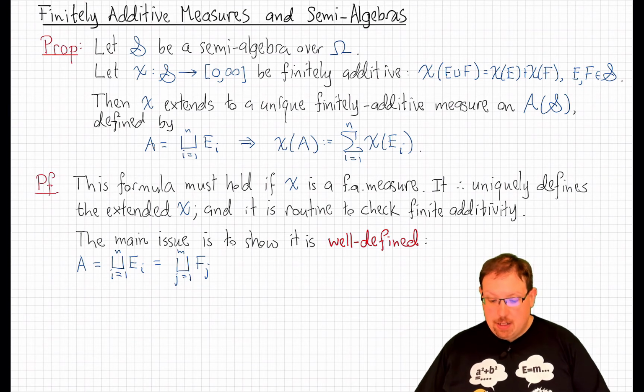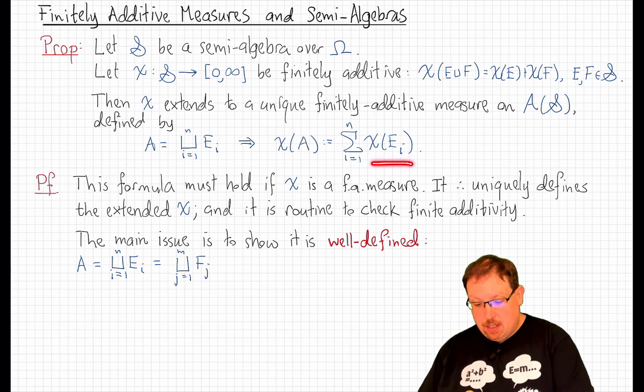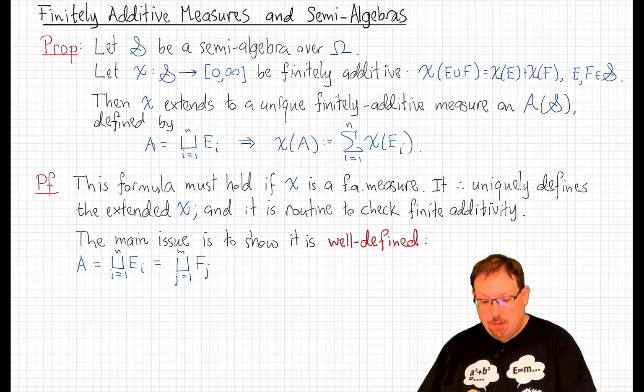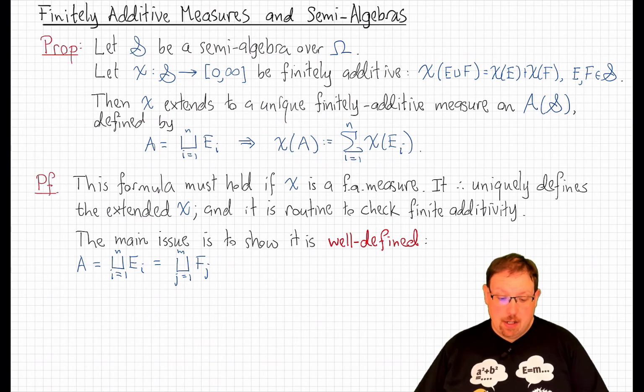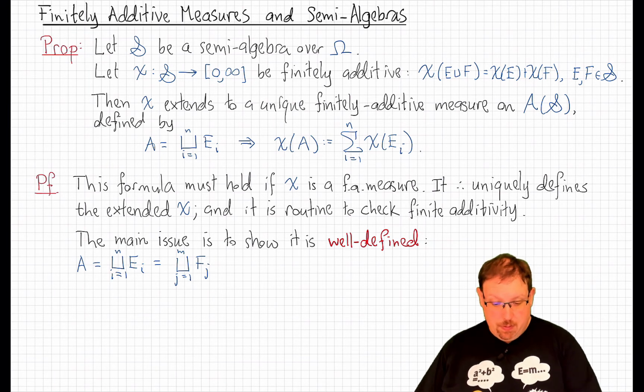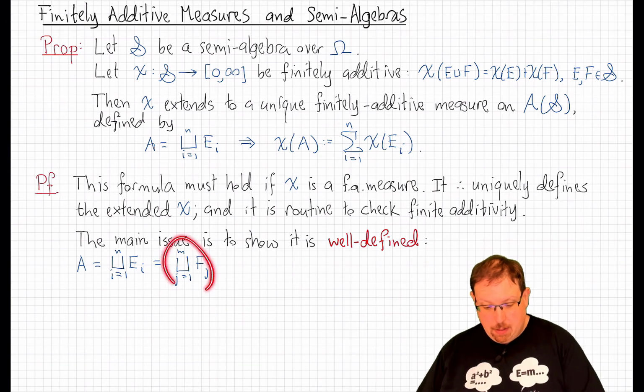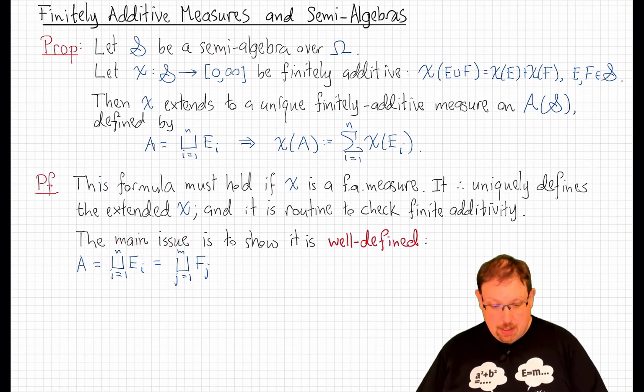And we need to check that no matter which decomposition we choose, the sum over that decomposition will give a consistent value in order to complete this proof. Well, let's see why that's the case. Let's suppose we can take a set A in the field generated by the semi-algebra and write it as a decomposition in these two potentially different ways.